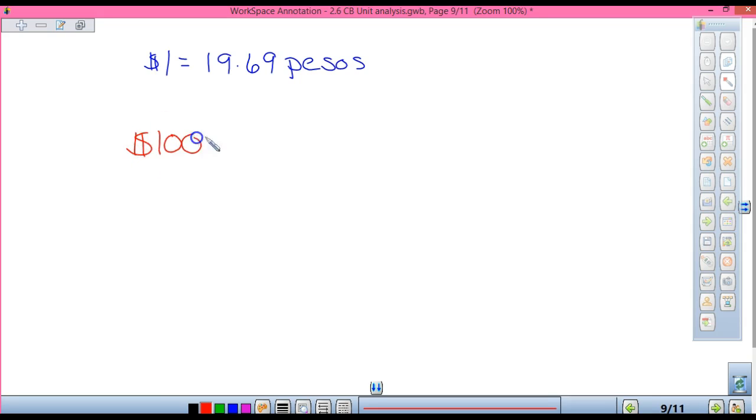So I have $1,000. I'm going to exchange it at the border. Over 1, times, my dollars have to go on the bottom, my pesos go on top. $1 equals 19.69 pesos.